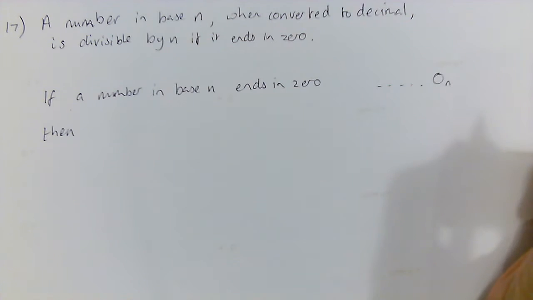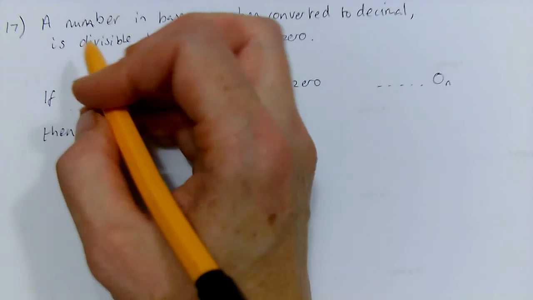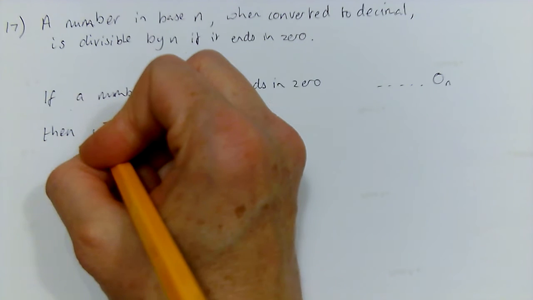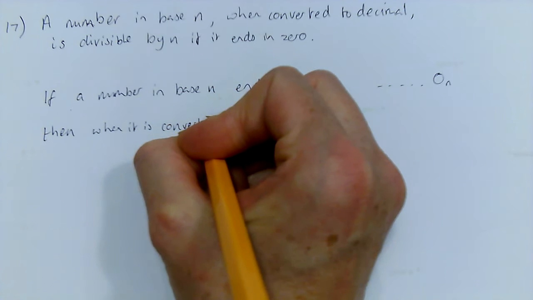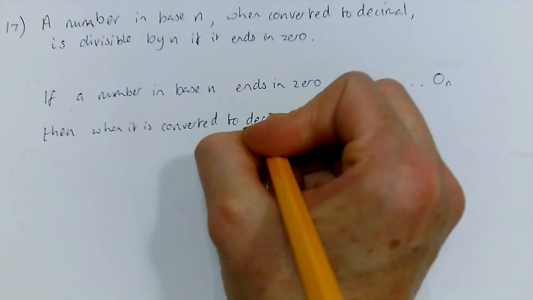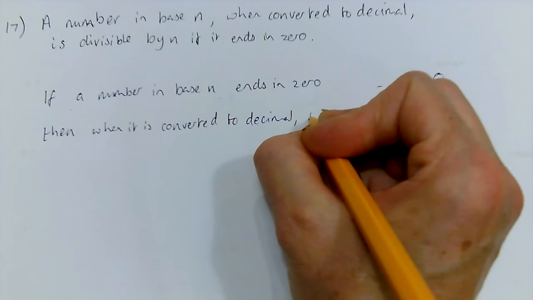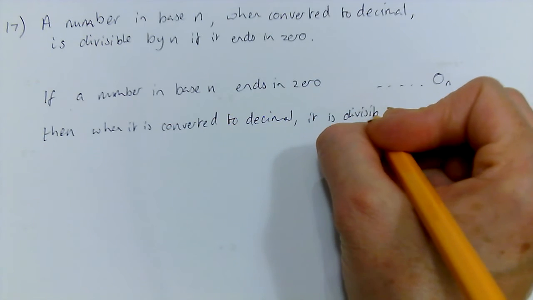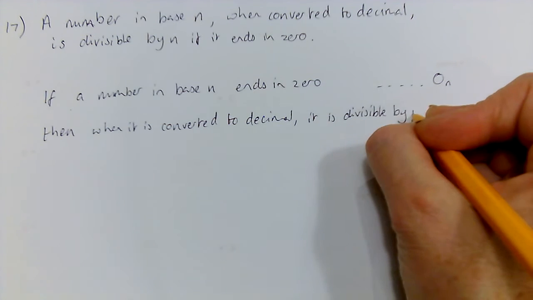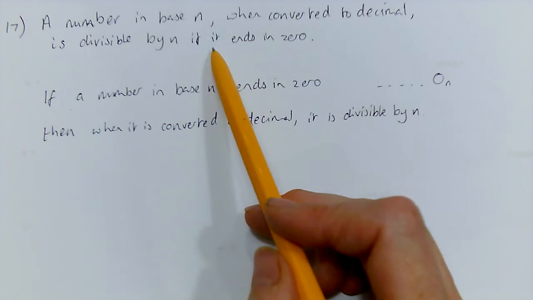Alright, then when it's converted to decimal, it is divisible by n. So it's just trying to pick out the if bit.